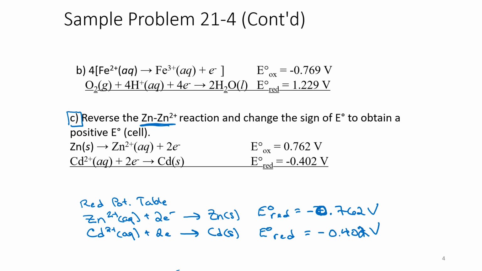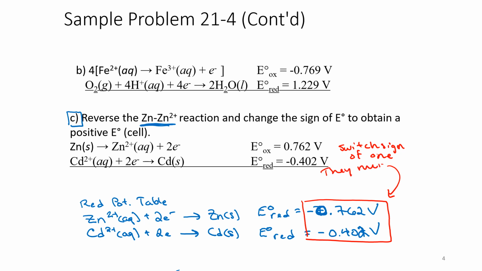In order for us to figure out which one is the oxidation, remember we have to switch the sign of one of these two. One of these two things has to have the sign switched. And when we switch the sign of one of them, they must then sum to a positive number, because these are voltaic cells.